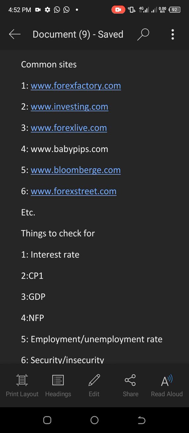Now, some of us will be like, oh, why must we trade news? Why do we need news? Whether uptrend or downtrend, as you see on your chart, whether the market is moving up or down, the thing you see on the chart is driven by fundamental analysis, is driven by news.